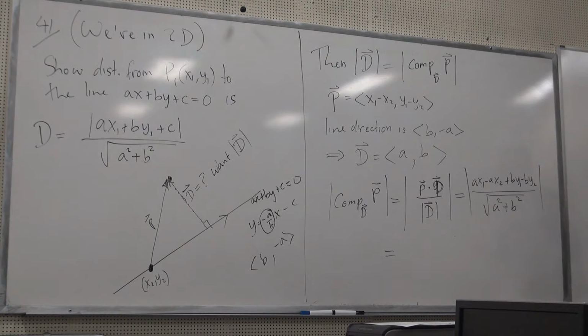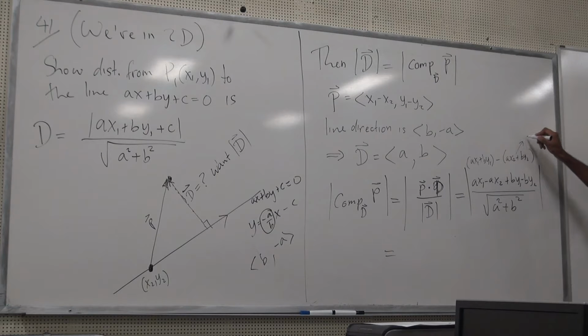How do I simplify this? Factor that a and b. Negative ax2 and negative by2 is equal to c from the line equation. So look at this, it's actually ax1 plus by1 minus ax2 plus by2, right?